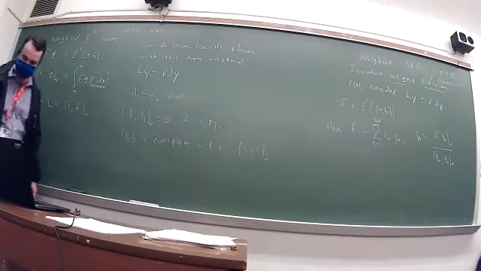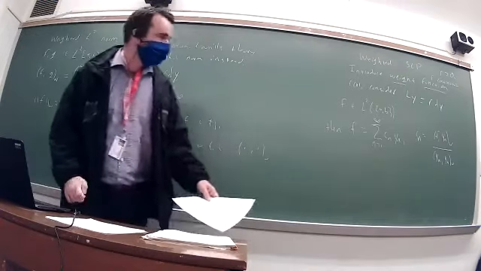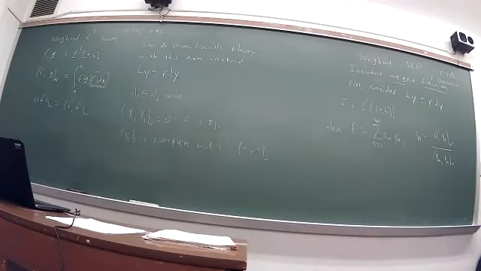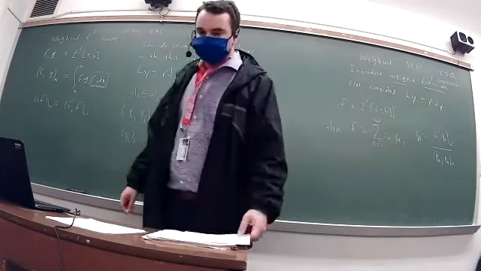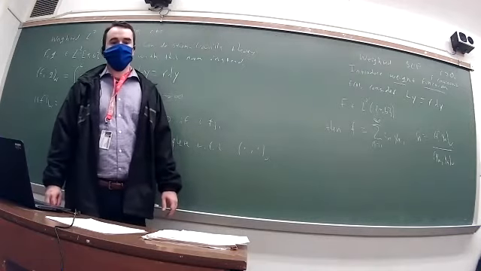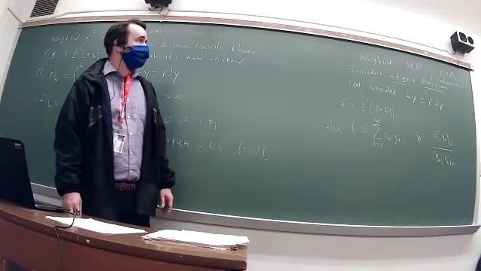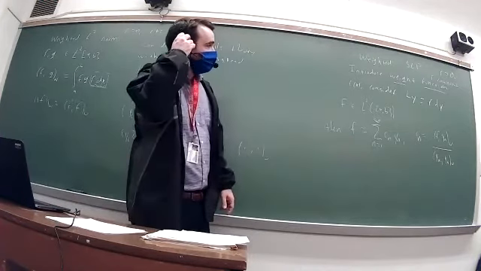Do we sometimes have an A naught over 2 term for f, and sometimes not? The question is, why do you sometimes have an A naught over 2 term when looking at these formulas, and sometimes you don't? That A naught over 2 term is explicitly for the classical Fourier series.